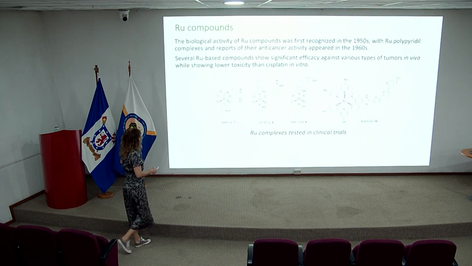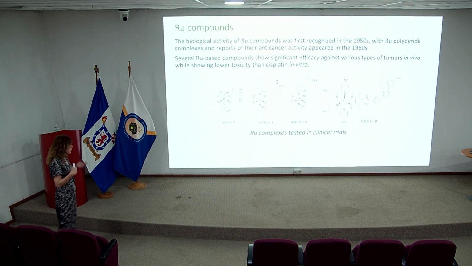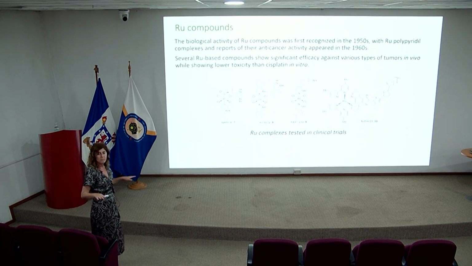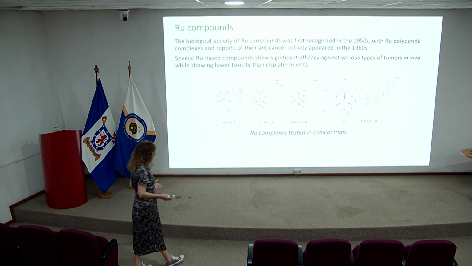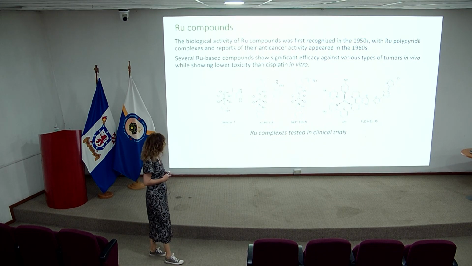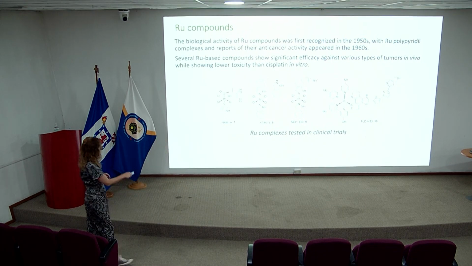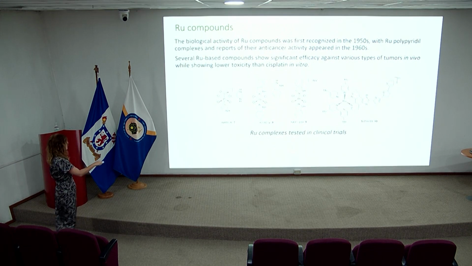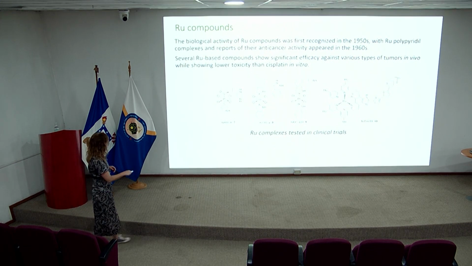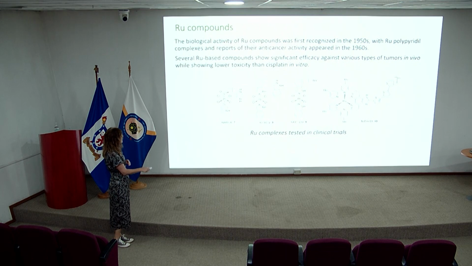So I show you here some ruthenium complexes that were tested in clinical trials. Up to now, no compound has been marketed, but there is a lot of research in this field. I show you here NAMI-A. This was the first compound to be developed. It's also a very simple compound.